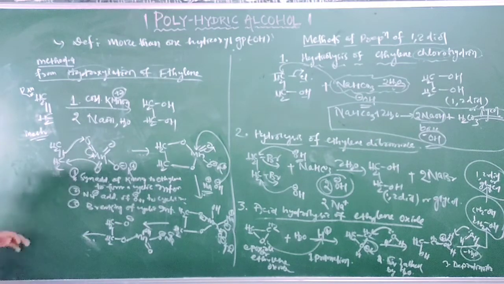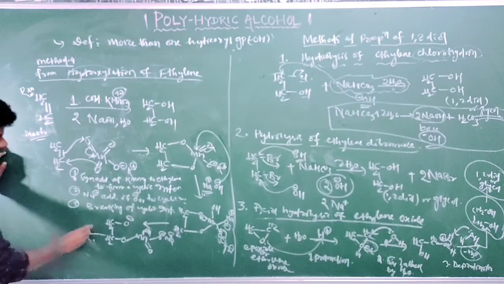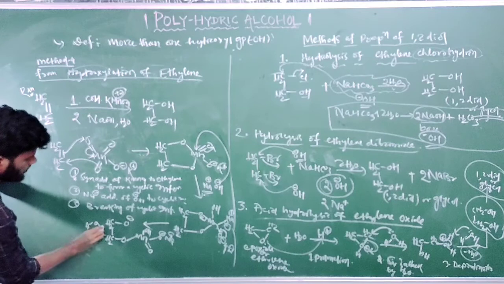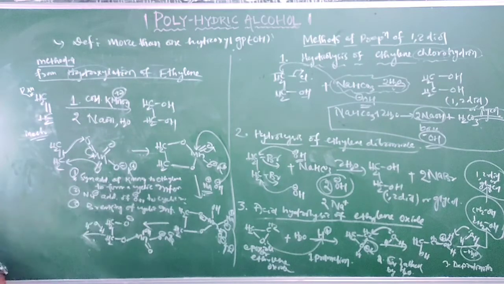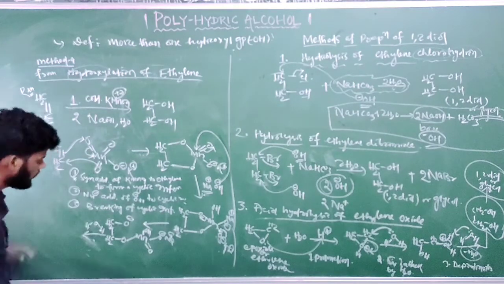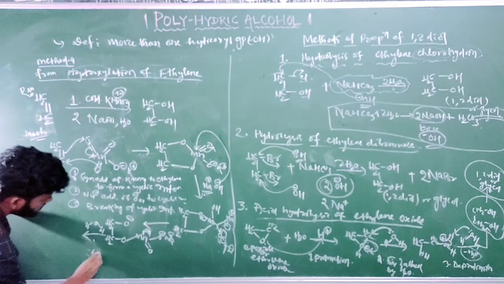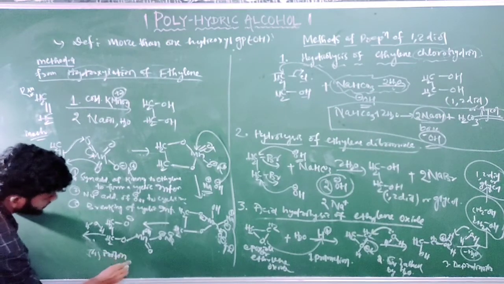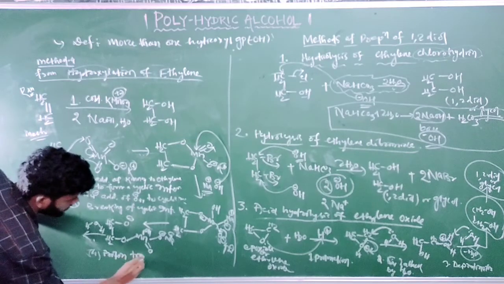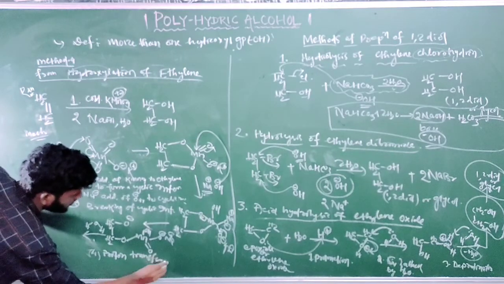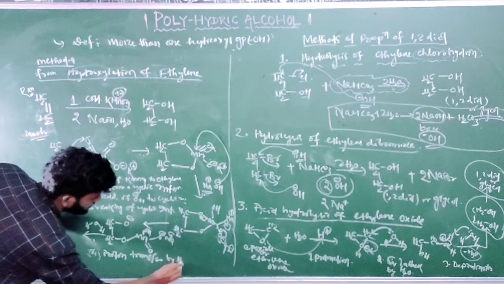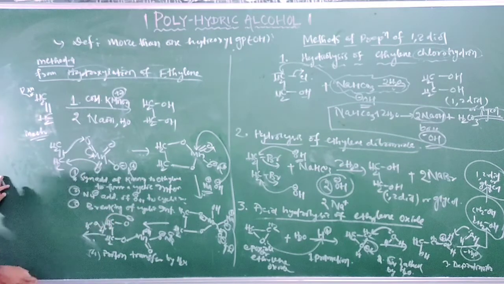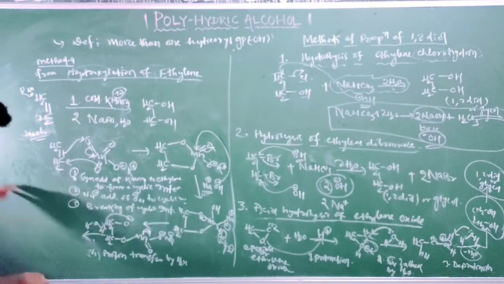In step 4 what will happen? We are using water, H2O. Step 4 is known as the protonation step or proton transfer step. You can write step 4 as proton transfer by water. The O- takes the hydrogen from water to form OH.